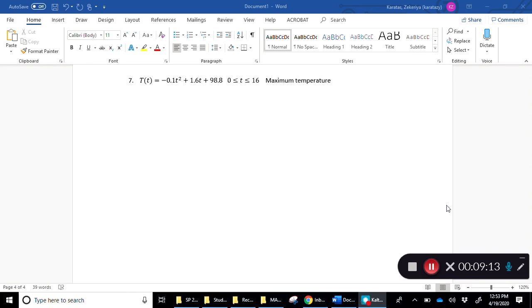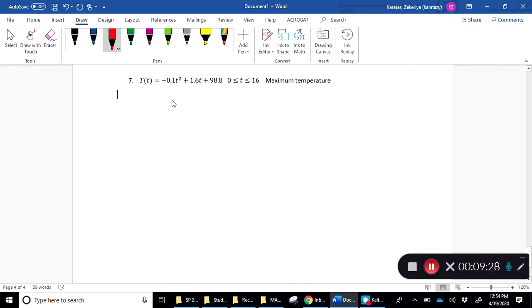Here's our last example, and it's an application problem. The temperature of a sick person is given here. I just want to emphasize something in these problems. When you see a negative coefficient times t squared, you know that it's a quadratic.